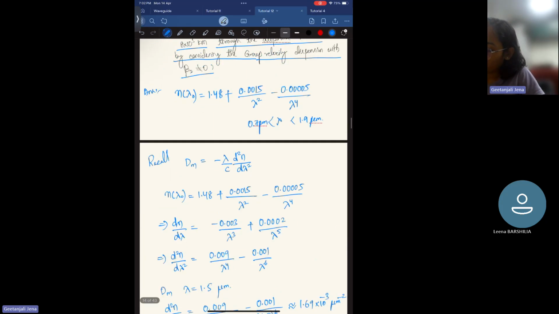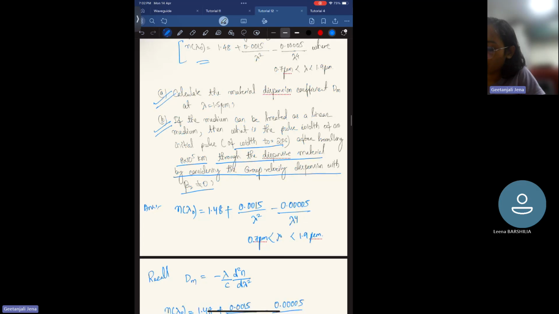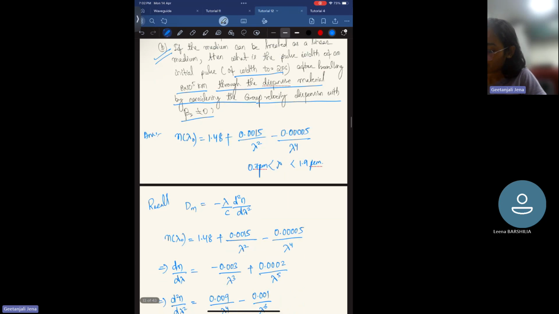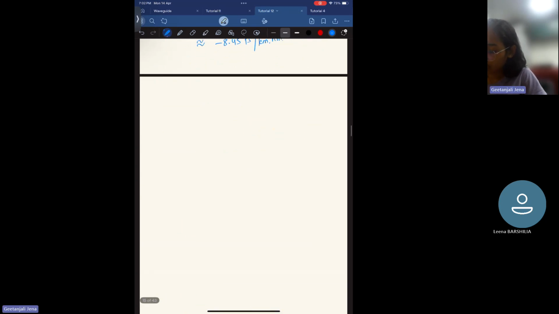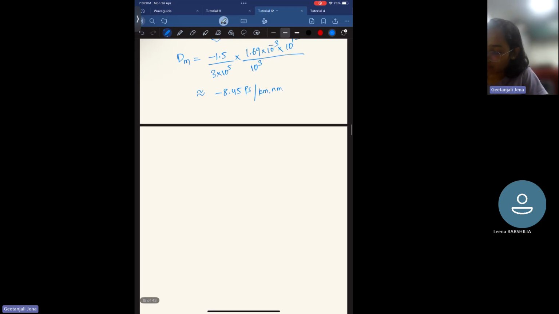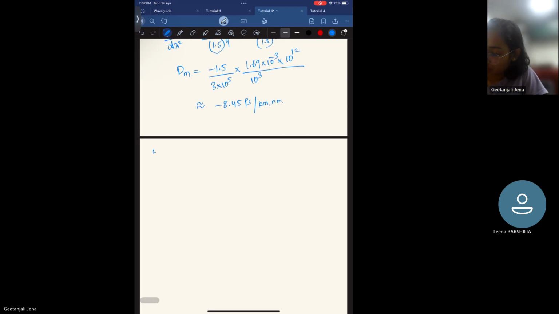Now we need to find out the temporal width. What is the change in the temporal width when we consider that the medium is a linear medium, but beta 2 is not 0? Please recall how to find the temporal width.